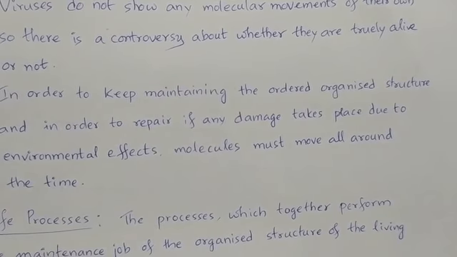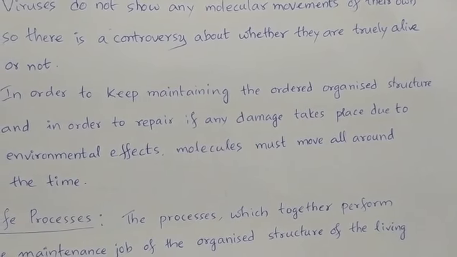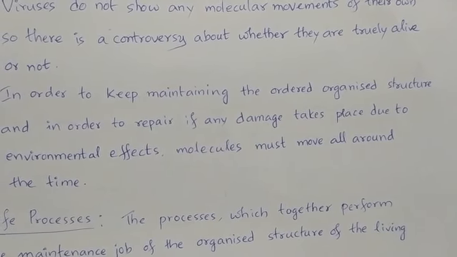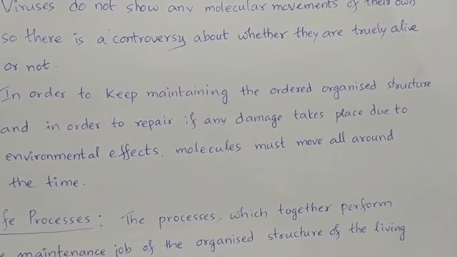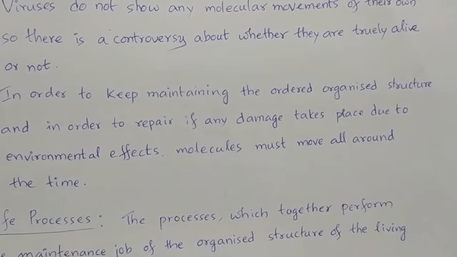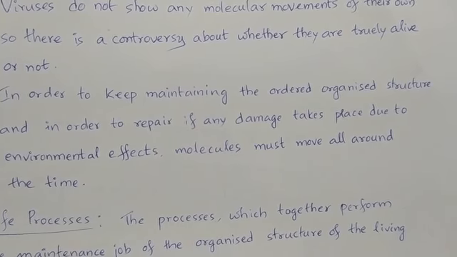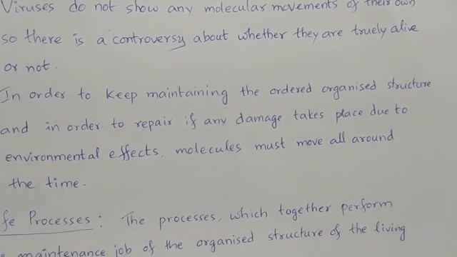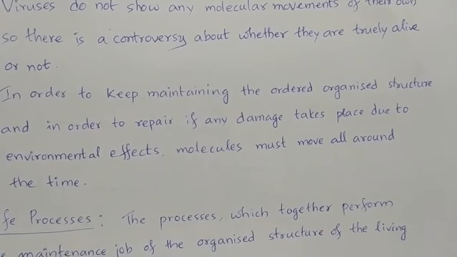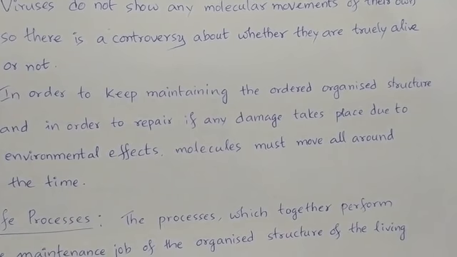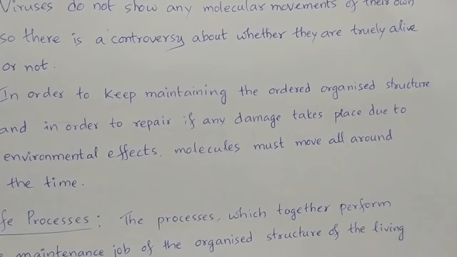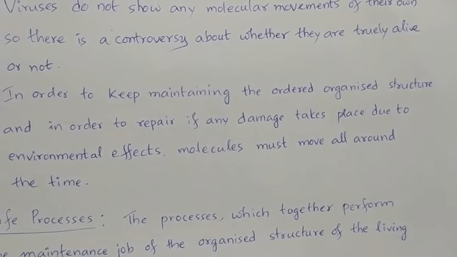The flow of energy cannot be maintained and the organism is going to die. So, certain activities should continuously take place inside the living organism's body that will maintain the orderly organized body of the organism, and that will keep repairing the damages that take place due to the environmental pressures or any other external pressures.